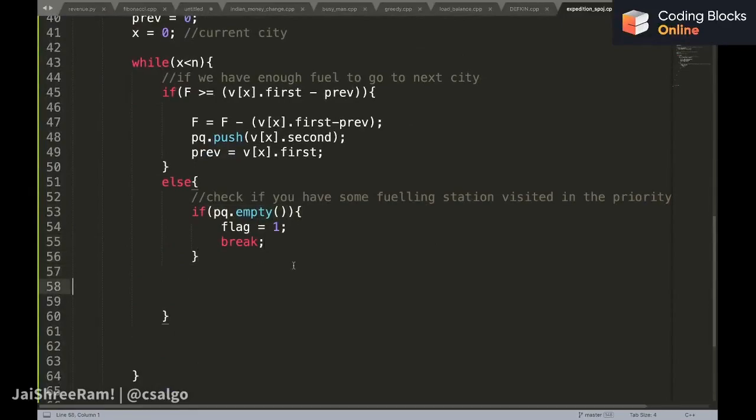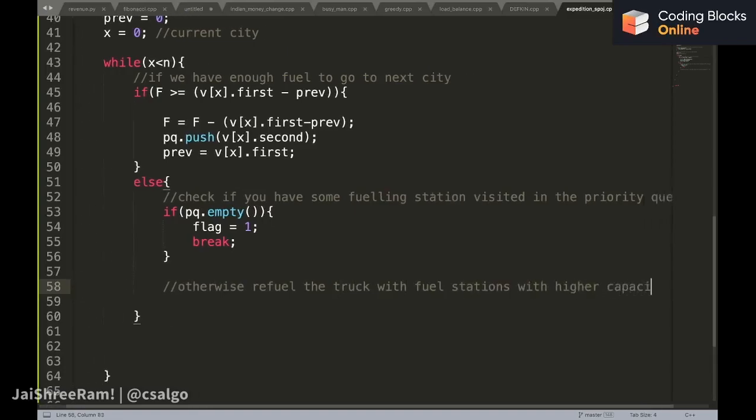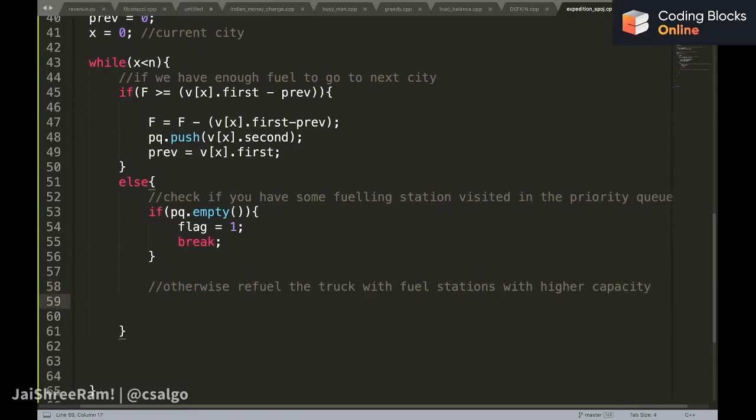Okay, otherwise, what can we do? Otherwise we can refuel the truck with the fueling station with higher capacity. So I can say, remove a fueling station from the priority queue and add the fuel to the truck.